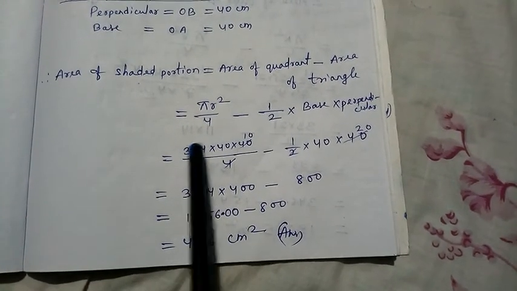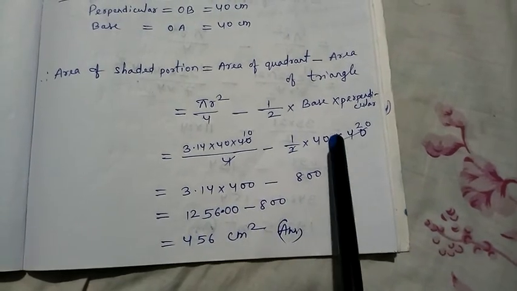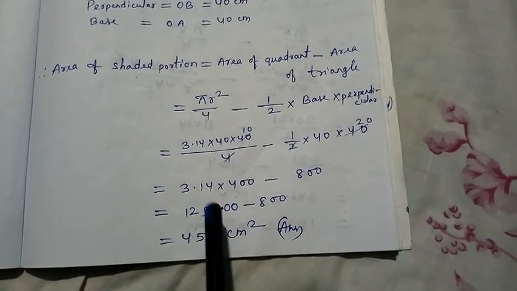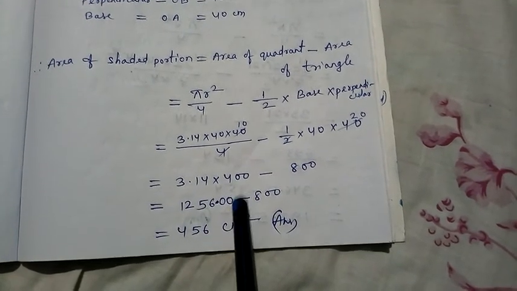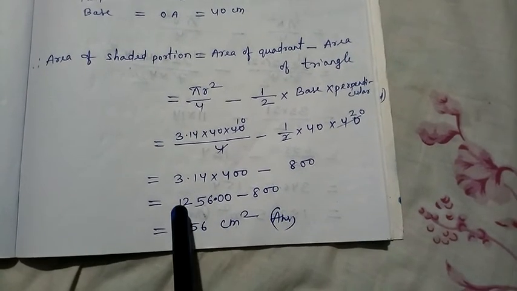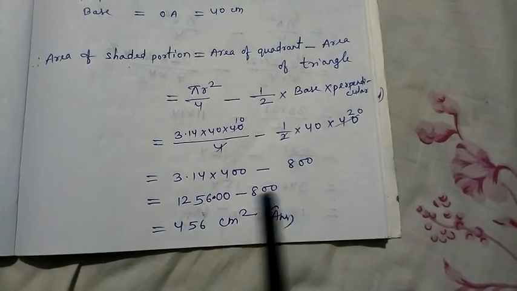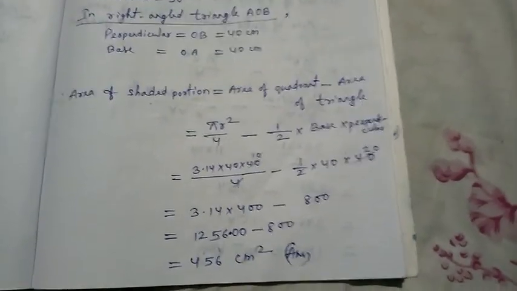After cancellation, 3.14 into 40 into 10 is 400, minus 40 into 20 is 800, and if you multiply these two, 1256.00 minus 800, that means this 0.00 has no value. So 1256 minus 800 is 456 centimeter square. So that is the area of shaded portion.